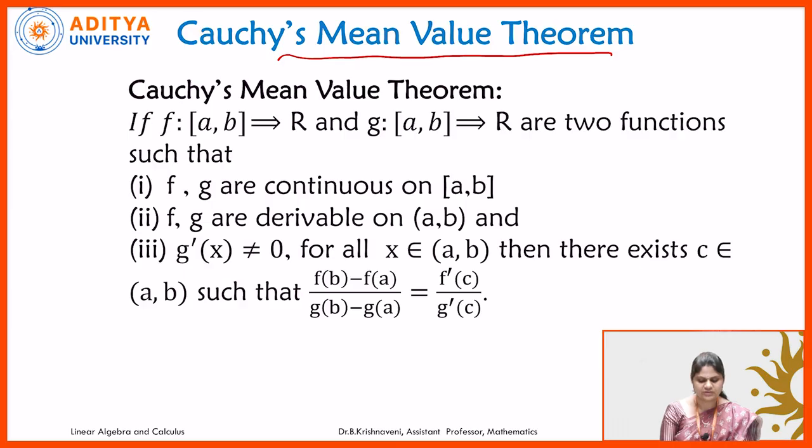The statement is as follows: if f maps closed a comma b to R and g maps closed a comma b to R are two functions such that f and g are continuous on closed interval a comma b, f and g are derivable on open interval a comma b, and g dash x not equal to 0 for all x belongs to open a comma b, then there exists c belongs to open a comma b such that f of b minus f of a by g of b minus g of a is equal to f dash c by g dash c. This gives the statement of Cauchy mean value theorem.